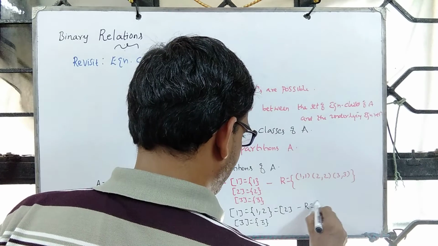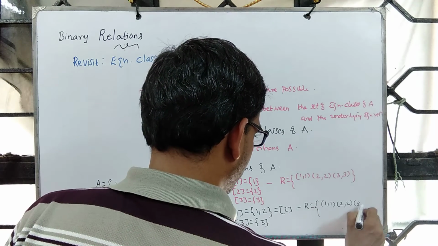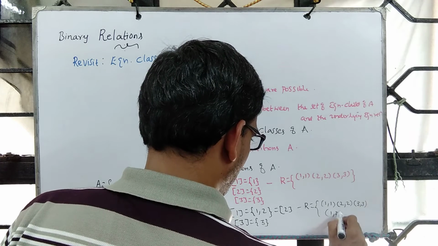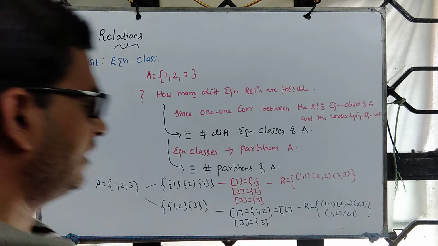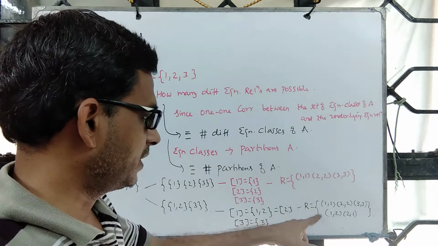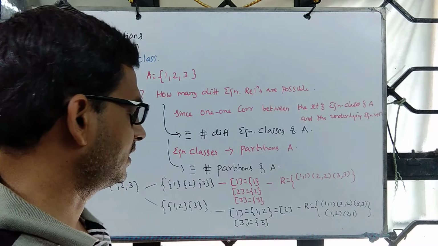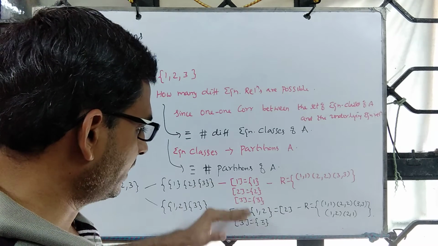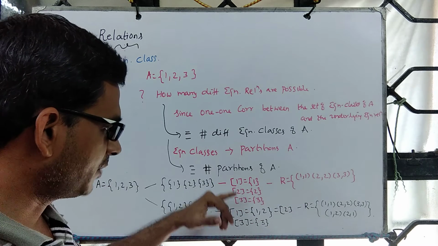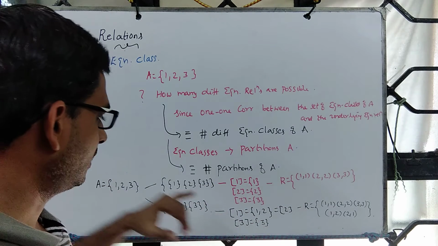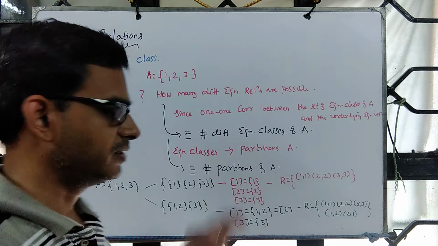The corresponding relation is {(1,1), (2,2), (3,3), (1,2), (2,1)}. So this one is different from this. Listing all possible equivalence relations is equivalent to listing all possible equivalence classes, which in turn is the same as listing all possible partitions of A.